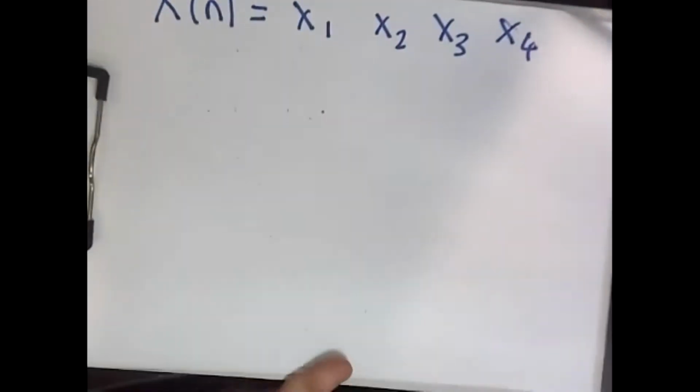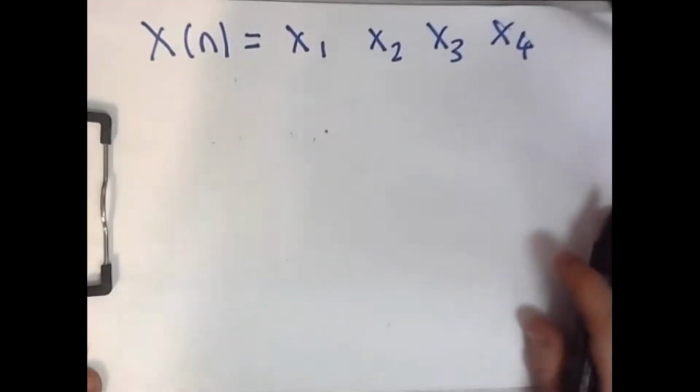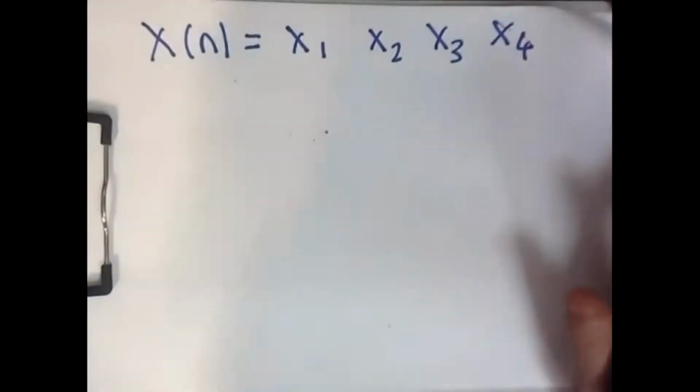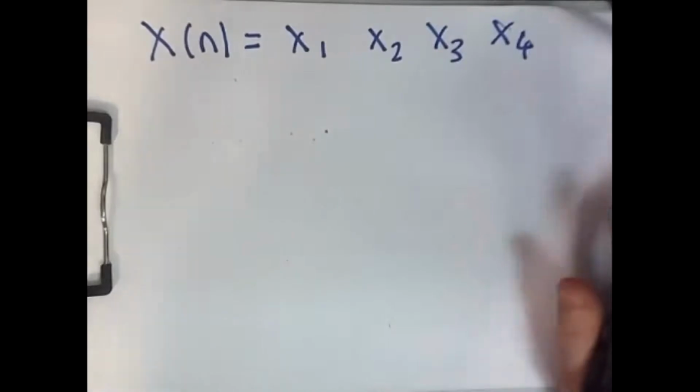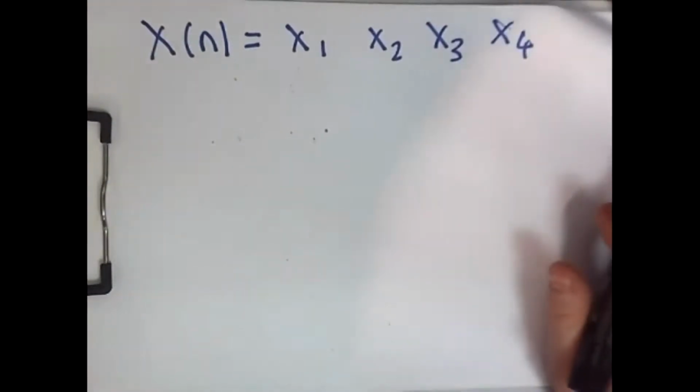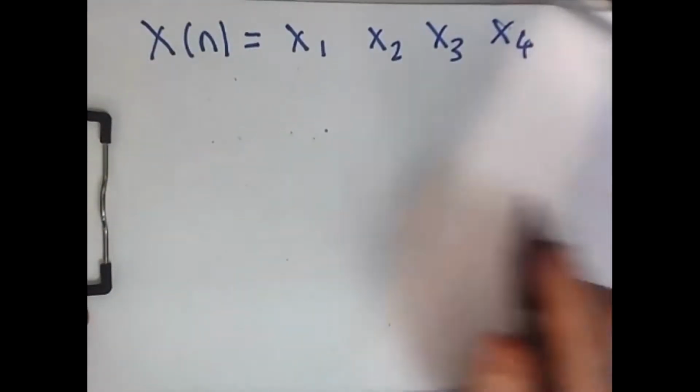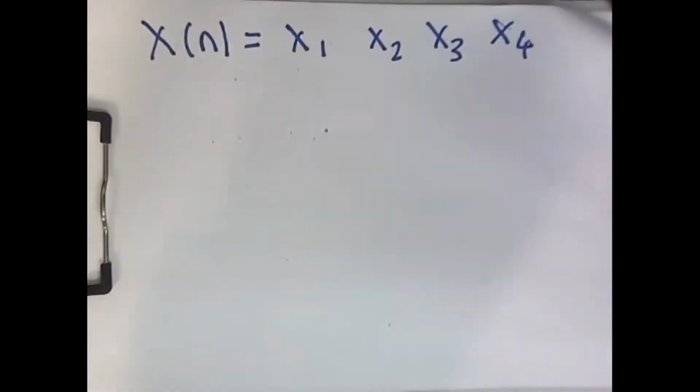These are the 4 samples in the time domain. And then we would like to calculate X[k], which is the equivalent samples in the frequency domain.